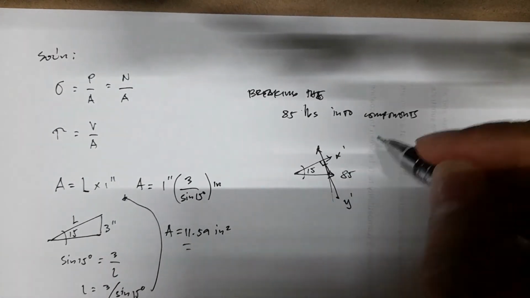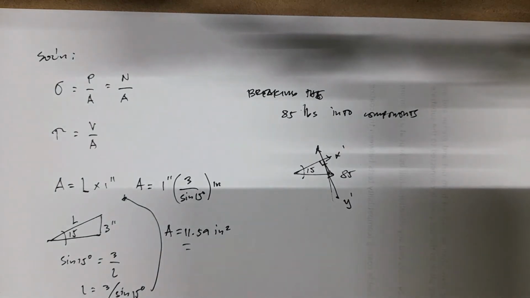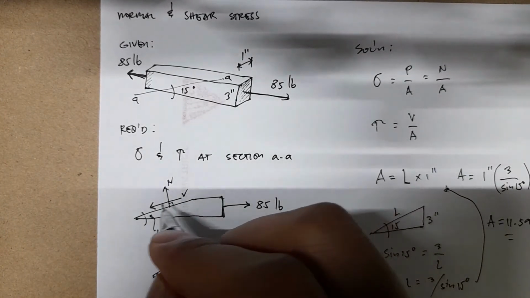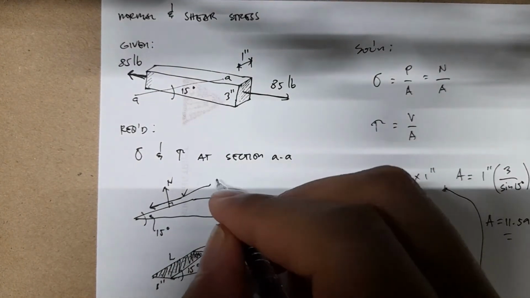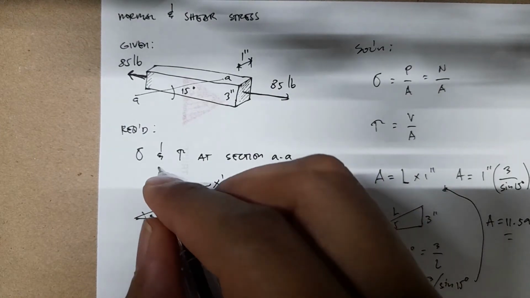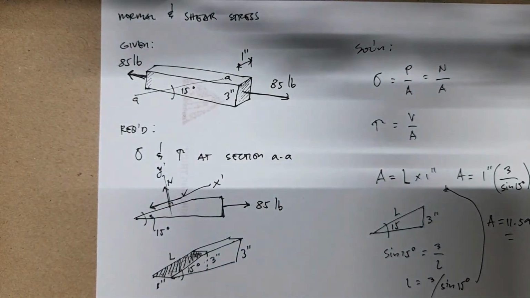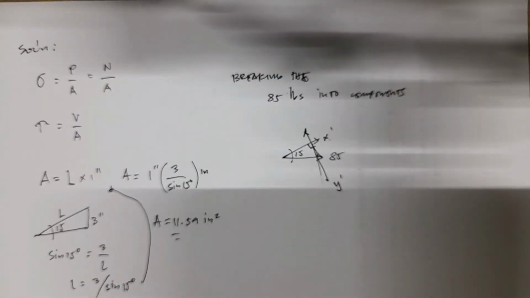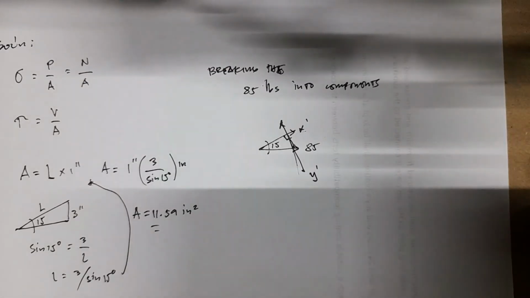X prime and Y prime. If you go back to the original drawing, we'll have this as the x prime, then the y prime, so that you have a consistent axis when we come to the summation of forces on x and y.